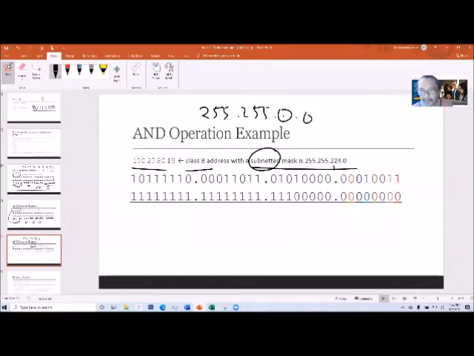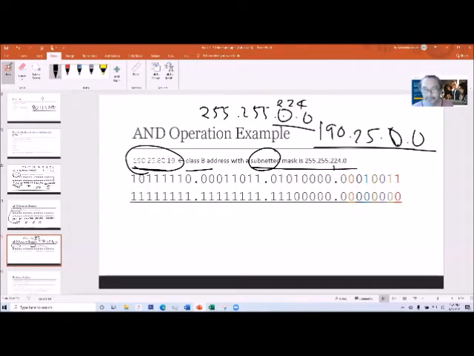The third octet is 0, but this time it is already 224. If it is not subnetted, it is very easy for us to say that this IP address belongs to the network 190.25.0.0, because the subnet mask says 0.0. But in this case, it would not be the same.